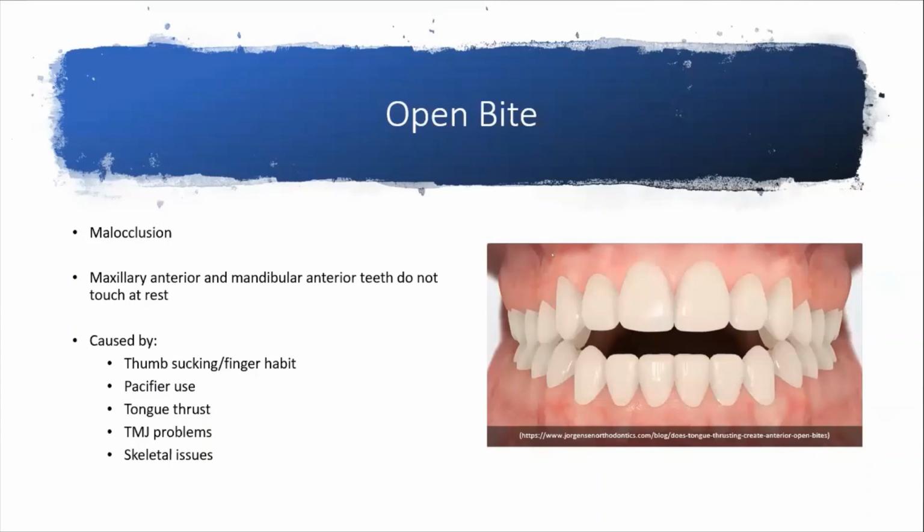You get this from pacifier use, a tongue thrust, TMJ problems, or even skeletal issues. Most of the time when you remove habits, or you correct habits, I should say, an open bite can resolve itself.